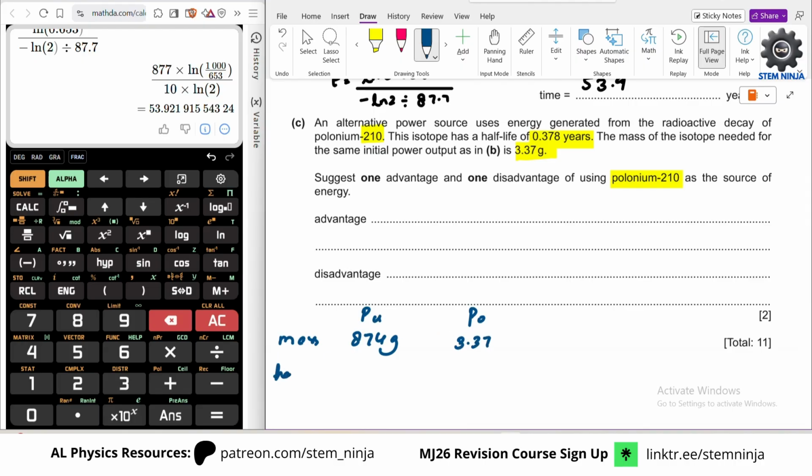Okay, let's draw a comparison based on half-life. That was 87.7 years, and this is 0.378 years, which is, we can see how much years that is.